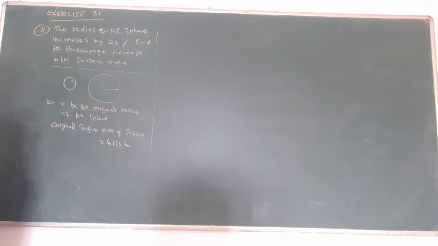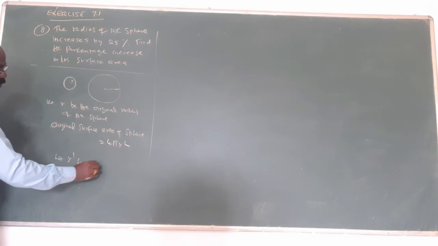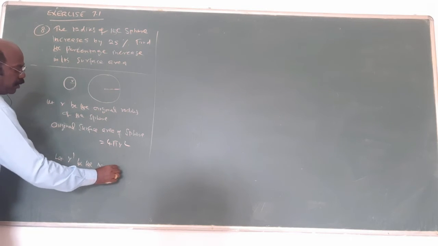Over. Now the radius is increased by 25%. Now let R dash be the new radius of the sphere.